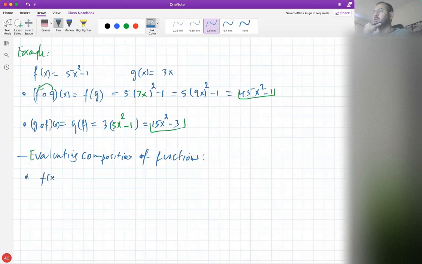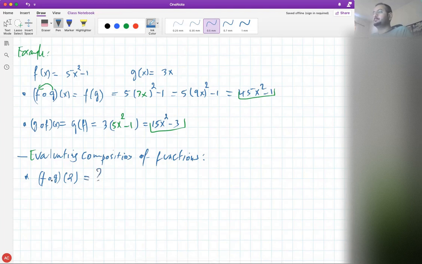You may say, for example, f of g of something. Instead of x, again, some number. If you see x, that means you've got to find the composition and it will have x in it. You plug a whole function into another one. If you have a specific number here, for example, 2, the good news is you don't actually have to find a function like this first. You can actually find the evaluation without finding the composition itself.